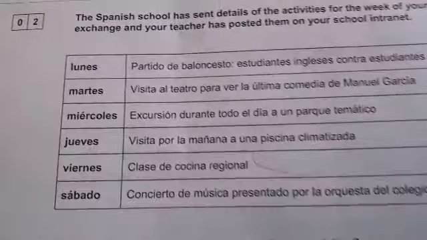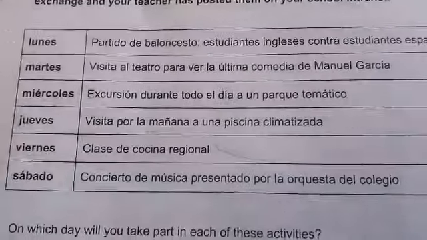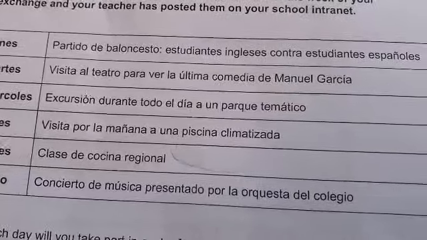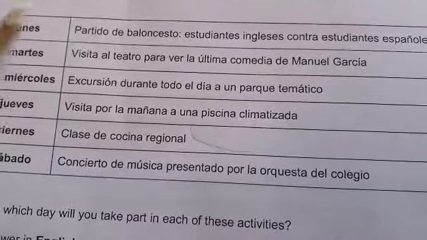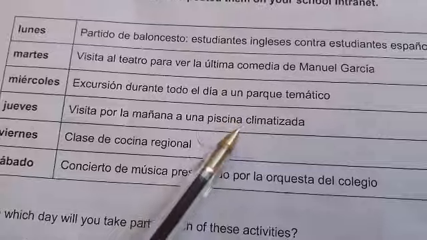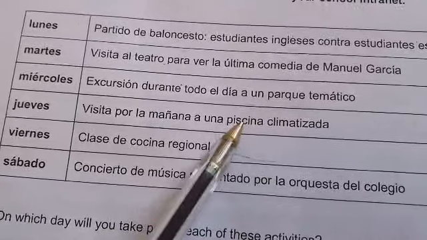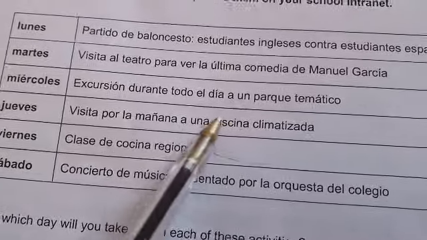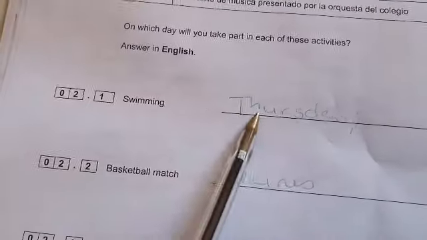So swimming, we can't find natación, which is swimming, anywhere, or nadar, which is to swim. But what we can find here is piscina, which is a swimming pool rather. So Thursday is what you would put for this answer.